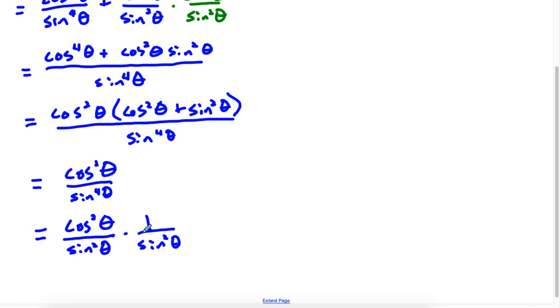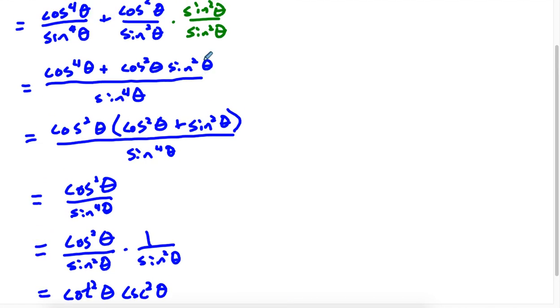I can do that because if we think about going backwards, cosine squared times 1 is cosine squared, sine squared times sine squared would be sine to the fourth. So as long as I'm multiplying, I can split up the denominator like that. And now, cosine squared over sine squared would be cotangent squared, and 1 over sine squared would be cosecant squared. And that is what we wanted.